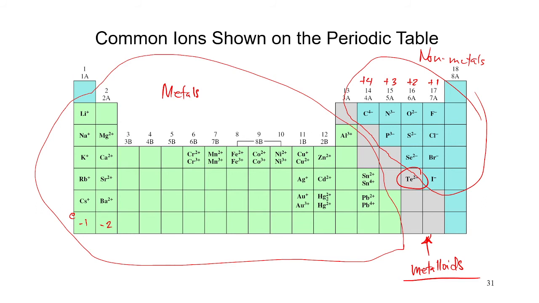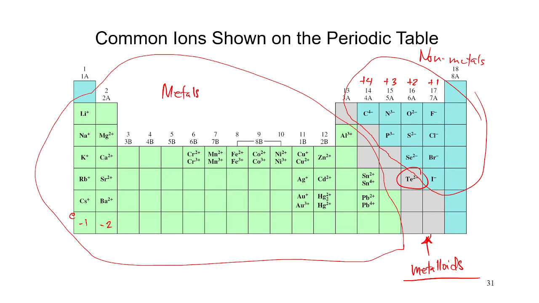Medyo mag-iiba nga lang yan when it comes to the metals, the other metals na nandito na sa may gitna, yung sa B series. Iba-iba na yung pattern. Some of them ay pwedeng magkaroon ng charge na 2 plus, 3 plus, 2 plus, 3 plus. Kung makikita nyo, 2 plus, 3 plus yung nangyayari.